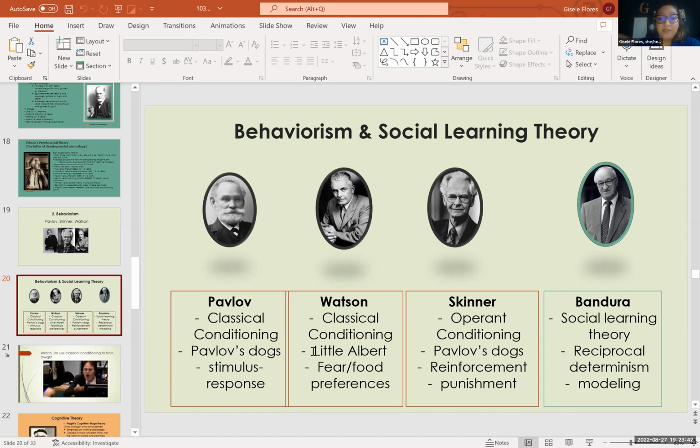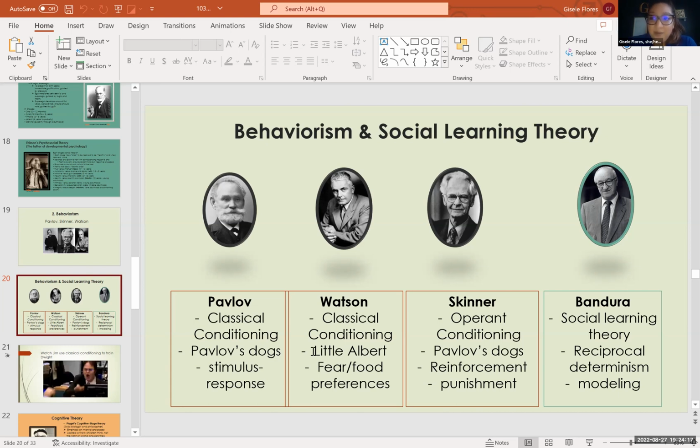So he did what were called the Little Albert experiments. And with Little Albert, what he wanted to see is if he could condition a fear response in children in something that they weren't fearful of before. So what he did was he knew that on sight, this child wasn't scared of white rabbits or a white beard or any of the things on sight that he was showing Albert.